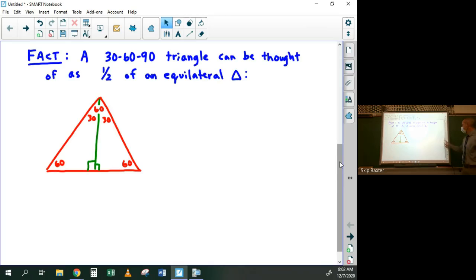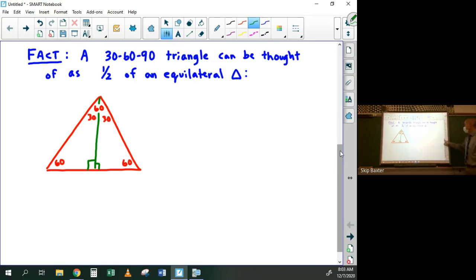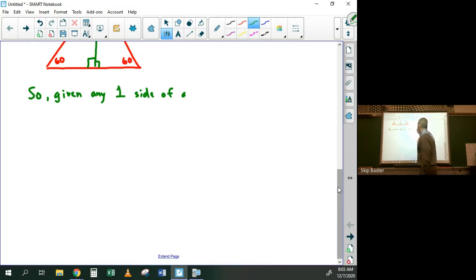So this sort of gives you a little bit of insight into how we're going to find missing sides of a 30, 60, 90 triangle. And just like before, we can do it in 3 ways, okay? So given any one side of a 30, 60, 90 triangle, we can find the other 2 sides in 3 ways.